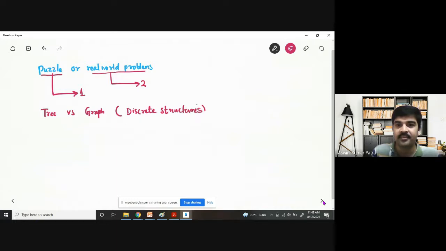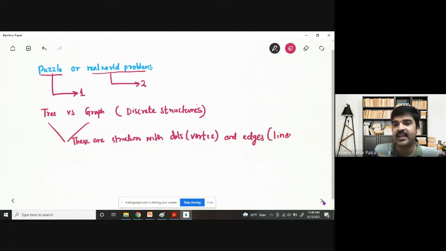Okay, and we know that the similarity between them is that these are structures with dots, or we can call them vertices, and edges, or we can say lines connecting the dots.